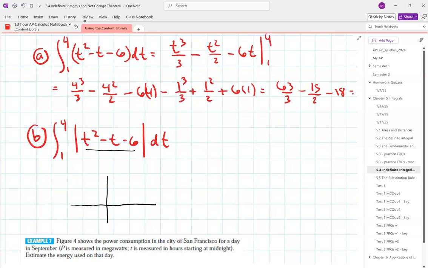What are the x-intercepts going to be? Positive 3 and negative 2, right? And it's going to open up like this, correct?